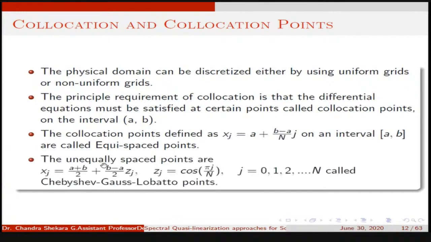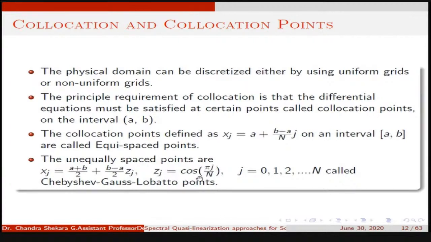Or we can discretize it using unequally spaced points, as given by x_j = (a + b)/2 + ((b - a)/2) * z_j. But this z is the very important point, and it is given by z_j = cos(pi j / n). This is called the Chebyshev Gauss-Lobatto points, or in short, you can call them Gauss-Lobatto points.